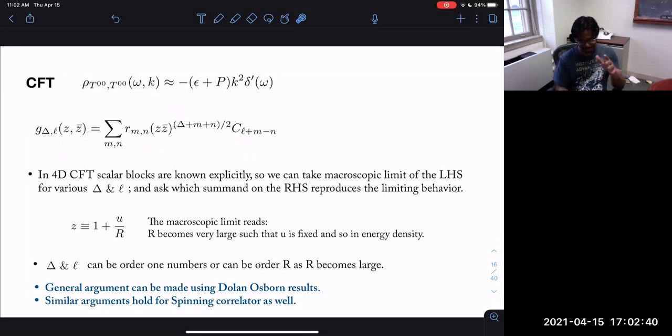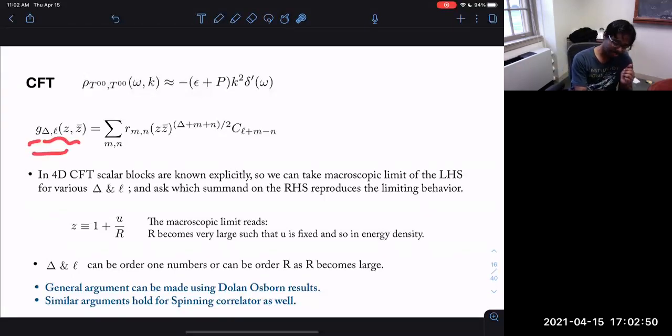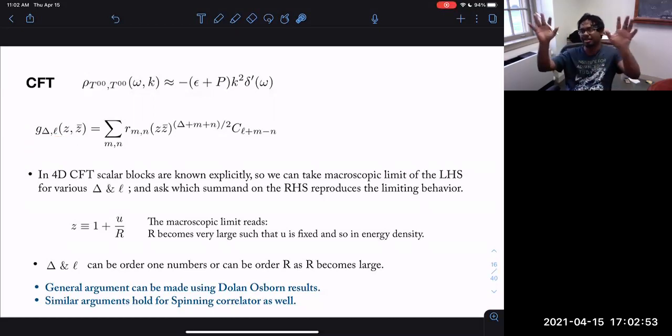I will not give you the most general argument, but just to convince you, let us think about 4D CFT. In 4D CFT, the left-hand side, these blocks, are explicitly known. These are some hypergeometric function, 2F1, and people have written down differential equations, solved them, and found this.